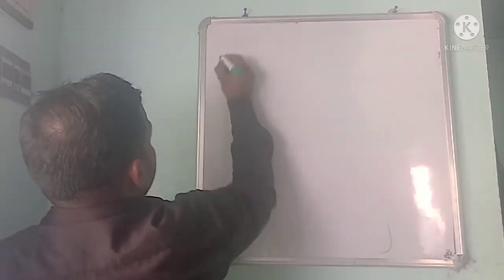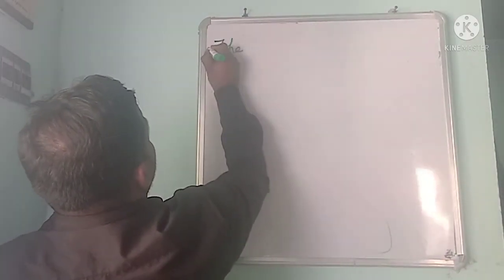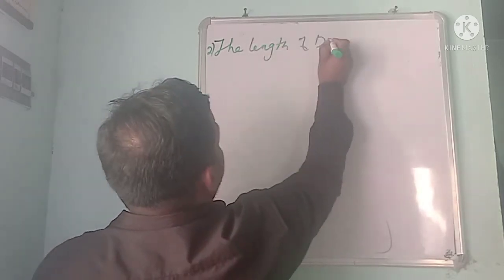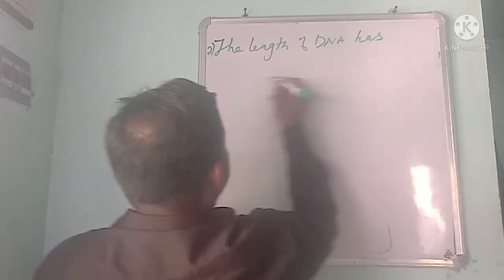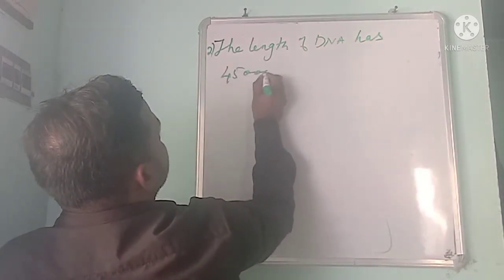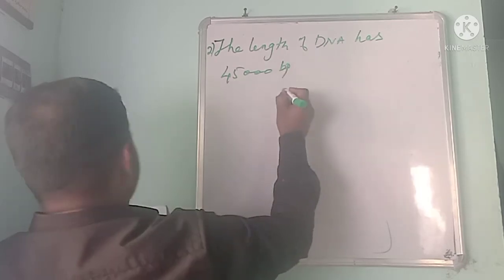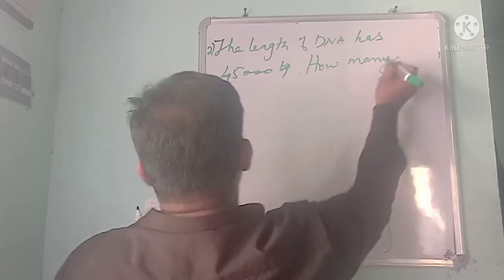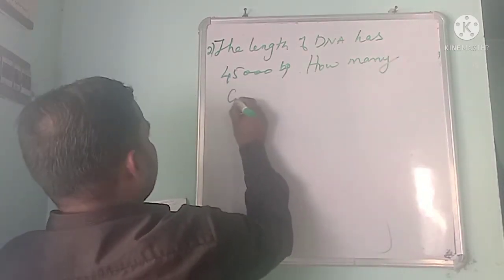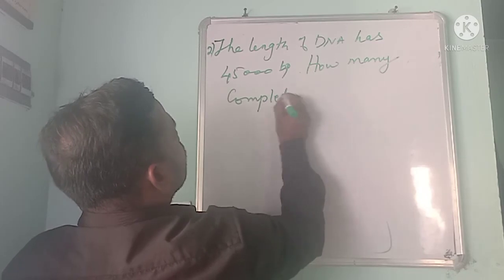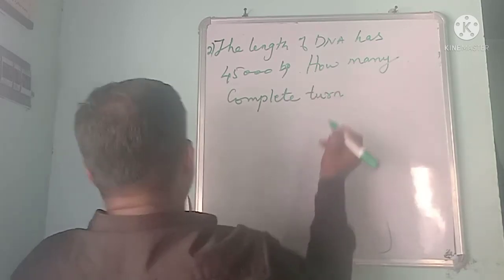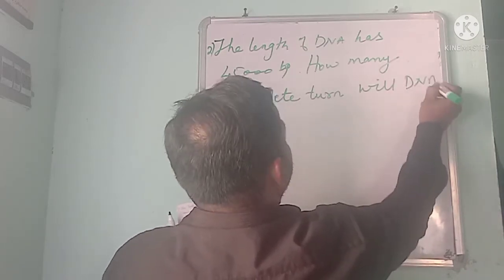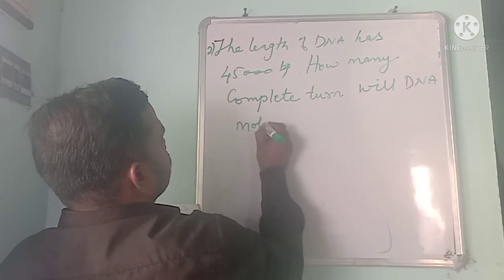Second question: if the length of DNA has 45,000 base pairs, how many complete turns will the DNA molecule take?